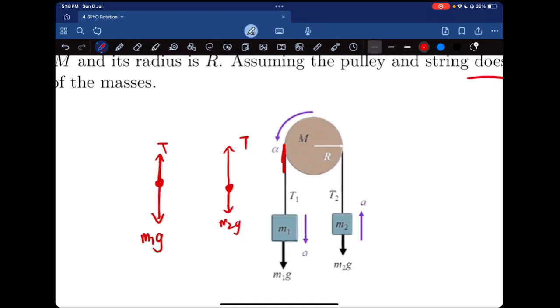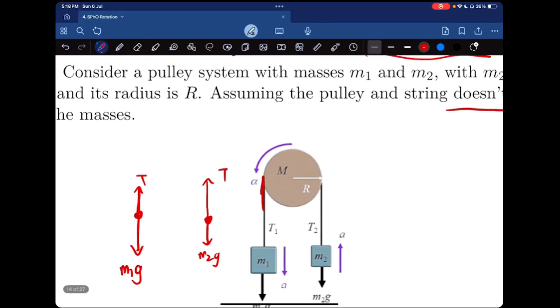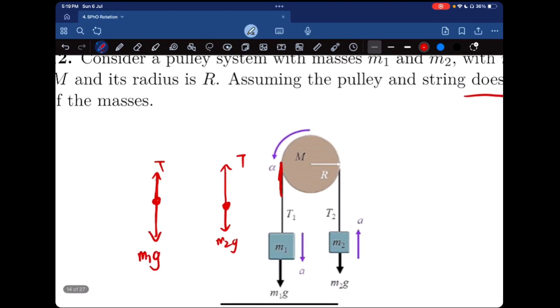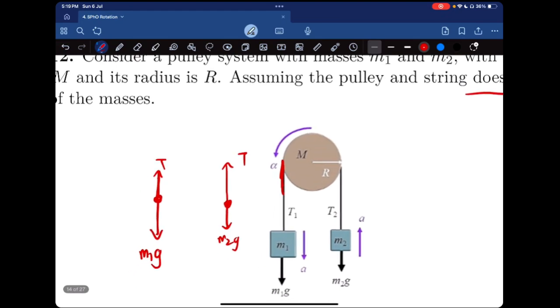And for the pulley, now this is the subtle part. The pulley has a net torque, clearly, for it to rotate, because the pulley has to rotate in one direction to ensure that the whole system can move. For it to have a net torque, if you had assumed that the tension in the string is the same, then clearly there's no way it has a net torque, right?